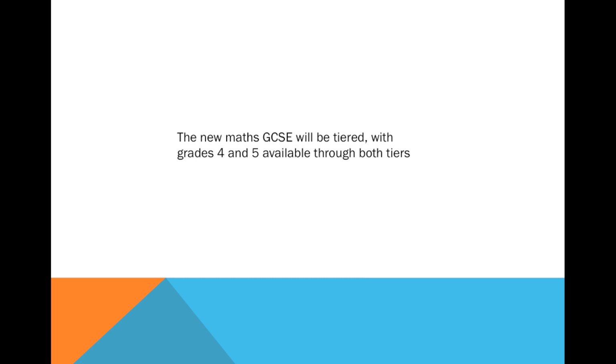So if you have a child and they've been put on a foundation course and you think they're capable, it's not necessarily that your child knows they're capable. It's sometimes better if you make the decision, but urge teachers to put them on the higher course, because you can only get better by learning.